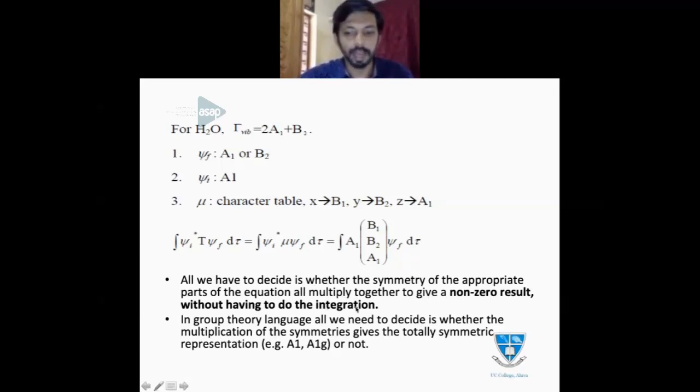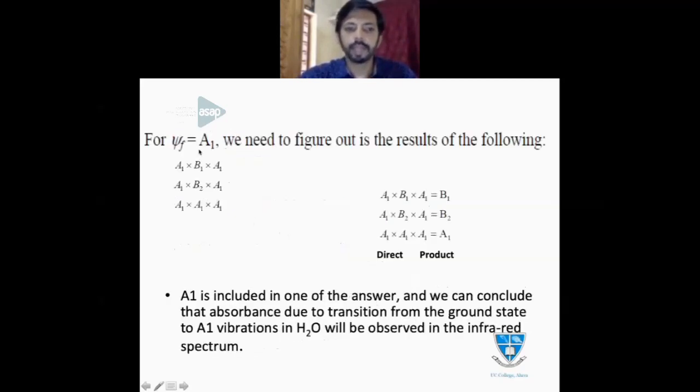So we don't want to integrate this. In group theory language, all we need to decide is whether the multiplication of the symmetries gives a totally symmetric representation.